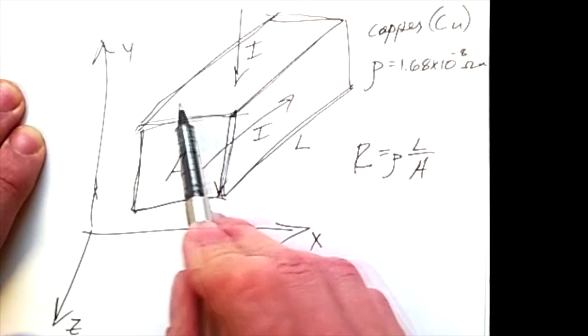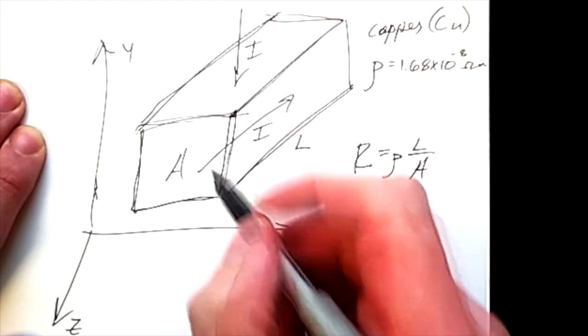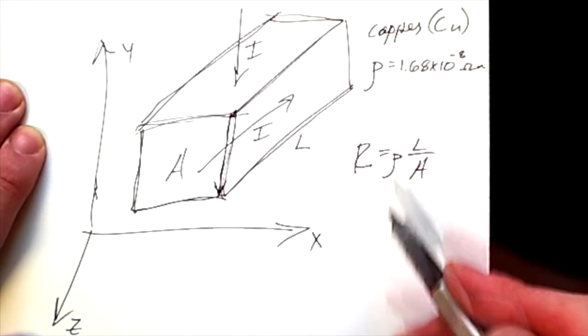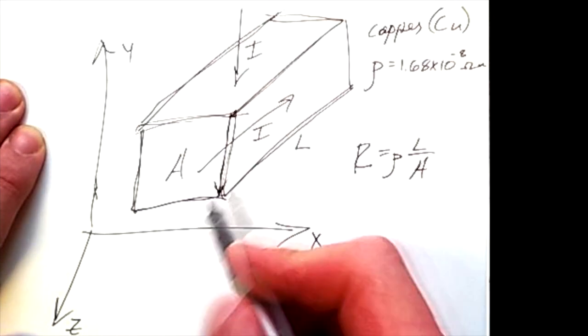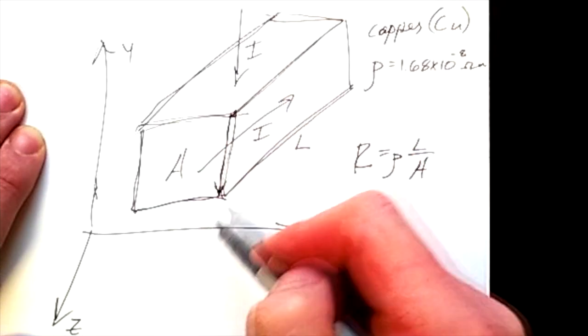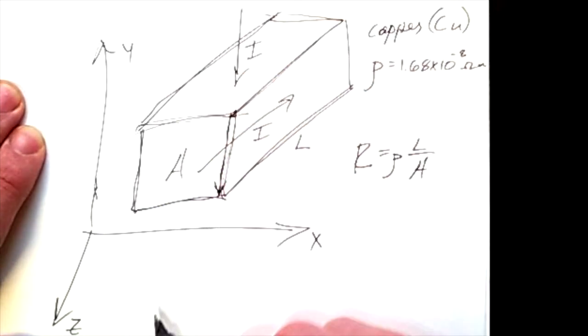In this case, the cross-sectional area is much larger, the overall path length is much shorter, the material stays the same, copper stays the same, and so we see that the resistance can change based solely on how this conductive block is integrated into an electrical system.